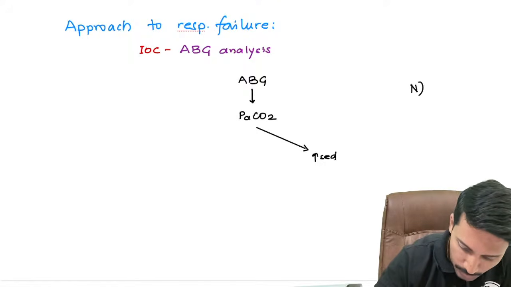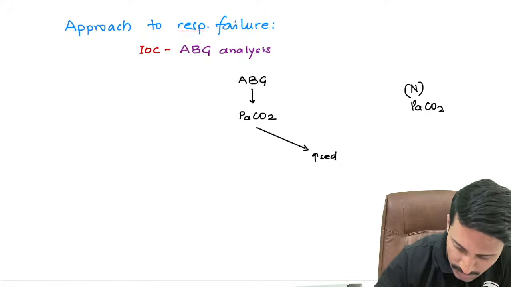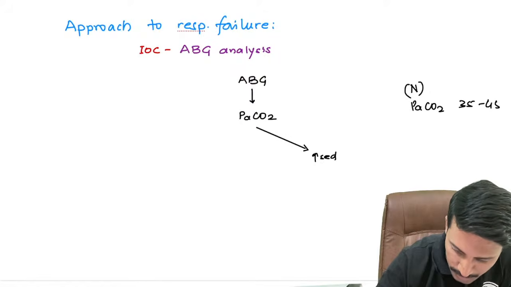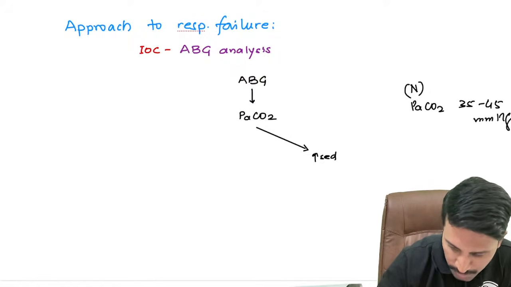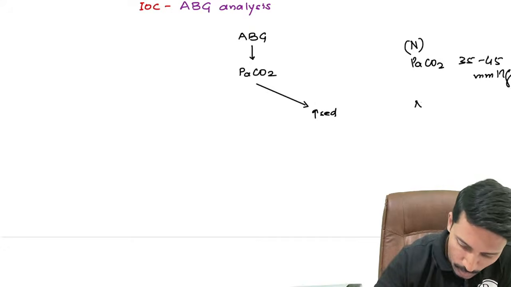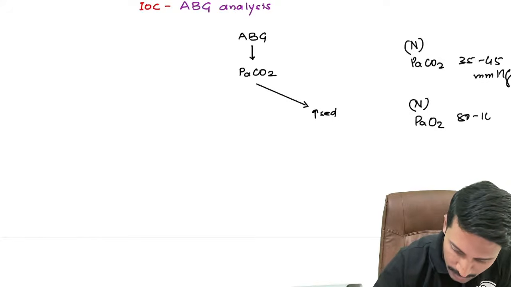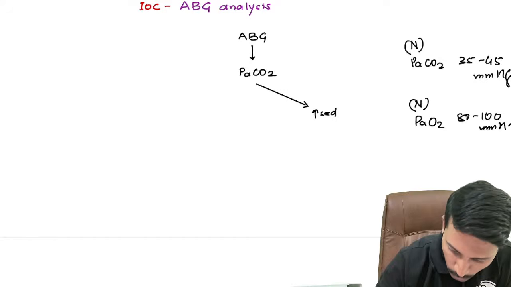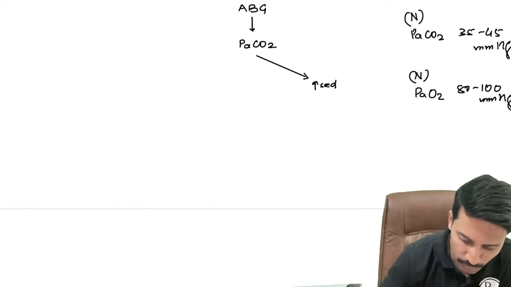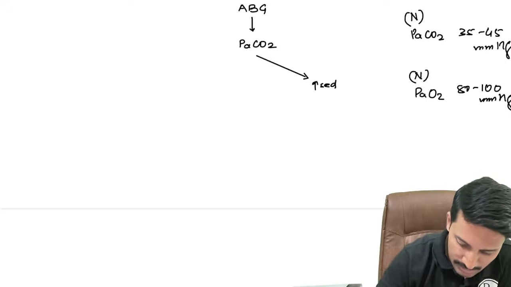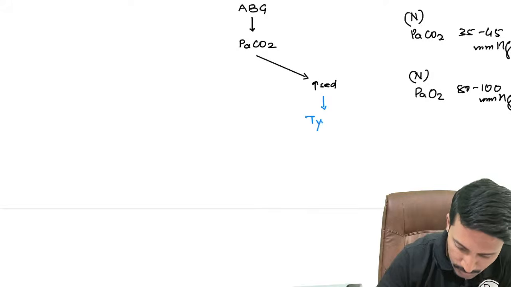Remember, normal partial pressure of carbon dioxide is 35 to 45 millimeters of mercury, and normal partial pressure of oxygen is 80 to 100 millimeters of mercury, that all of you know for your ABG analysis. So if partial pressure of carbon dioxide is increased, it is clearly type 2 respiratory failure.